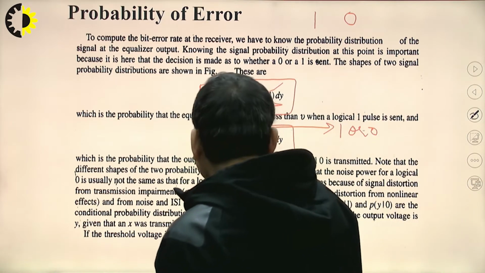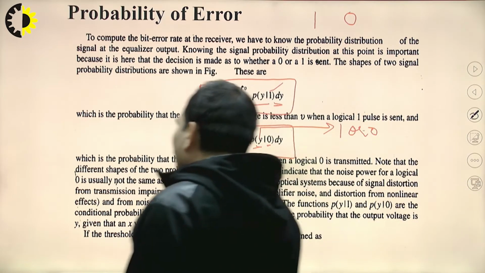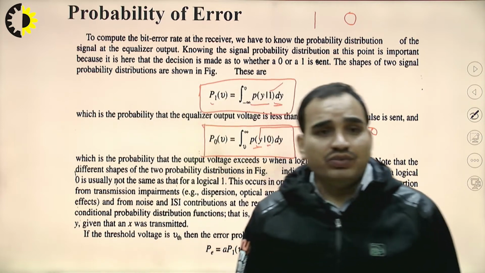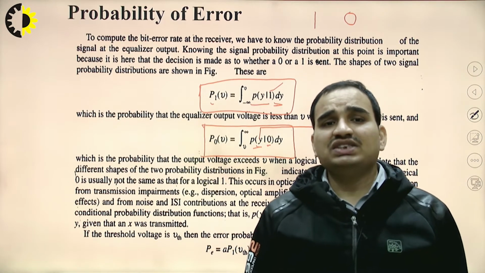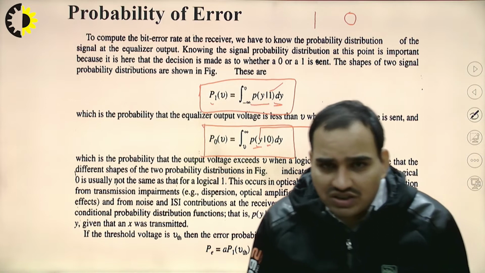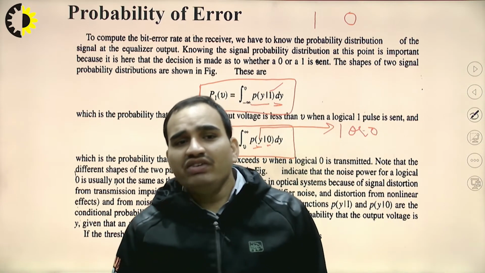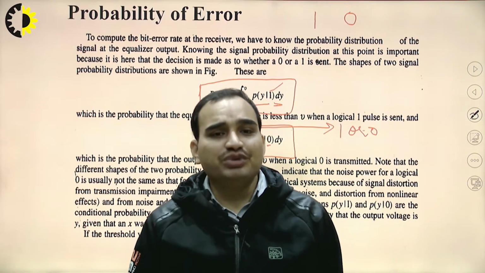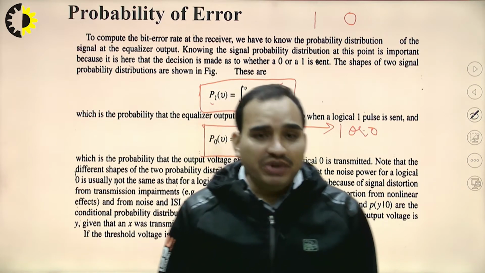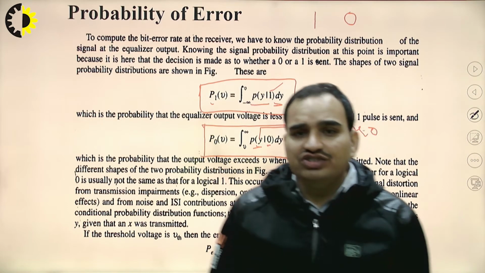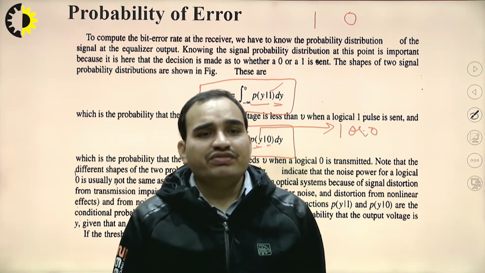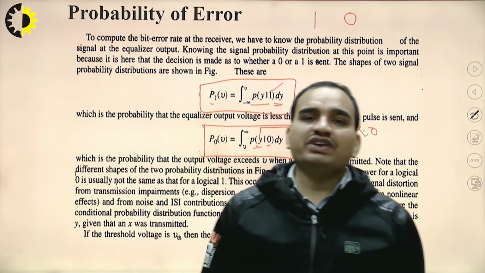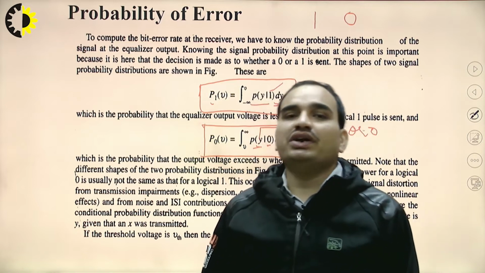This indicates that the noise power for the logical 0 is usually not the same as for the logical 1. This occurs in the optical system because signals have distortion from transmission impairments, that is dispersion, optical amplifier noise, and distortion from non-linear effects. Non-linear effects we have covered in previous lectures, for example the Kerr effect.